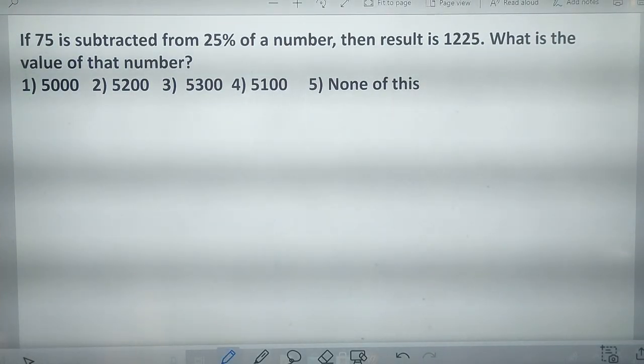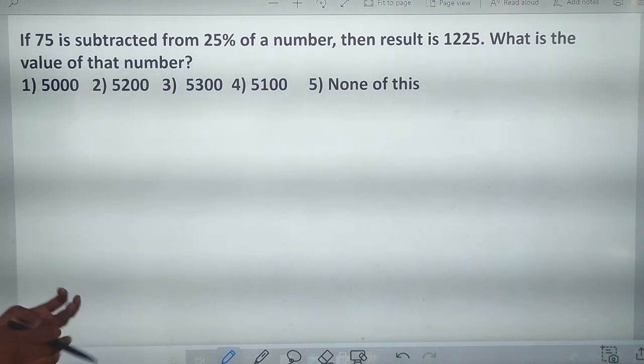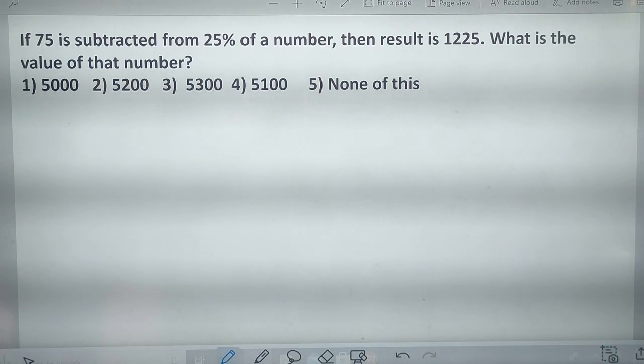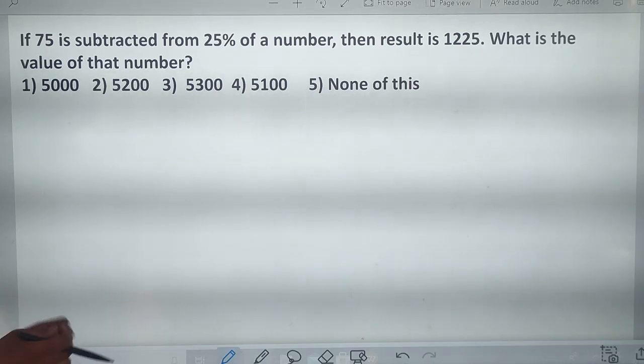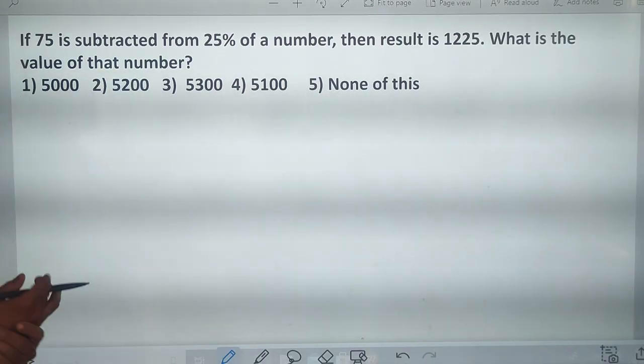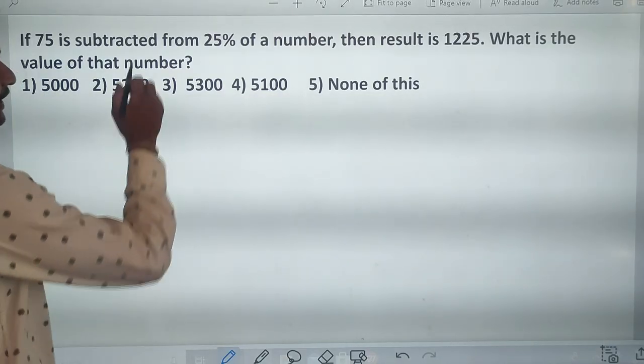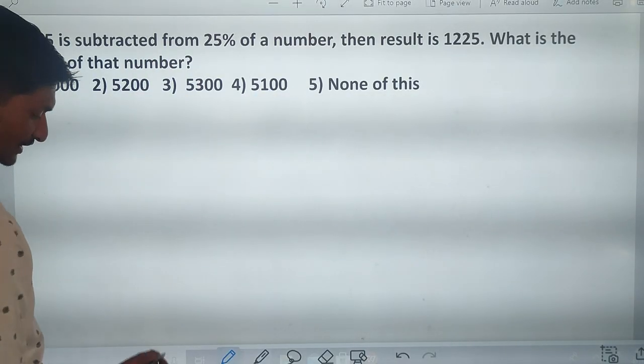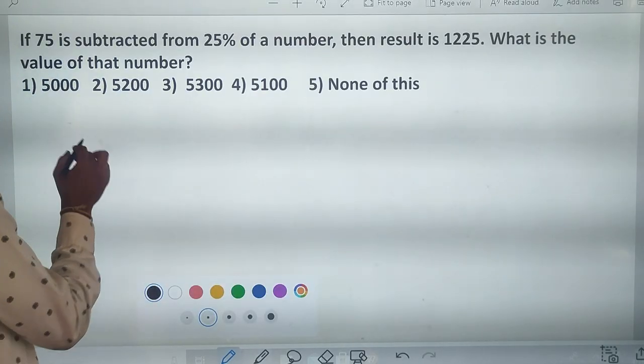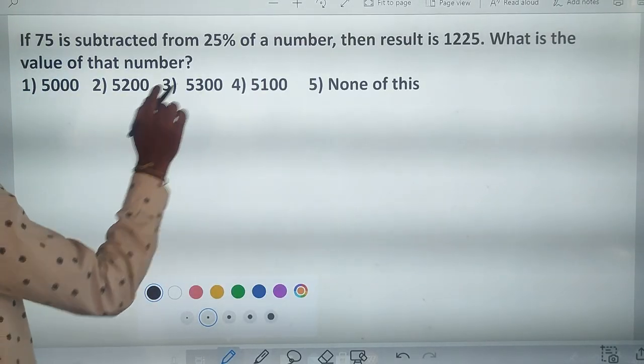Now next, 75 is subtracted from 25% of the number, then the result is 1225. What is the value of that number? 75 subtracted from 25% of the number. That number is x.